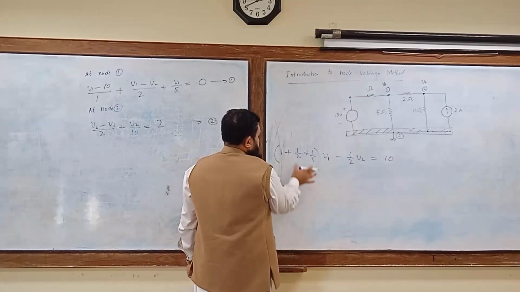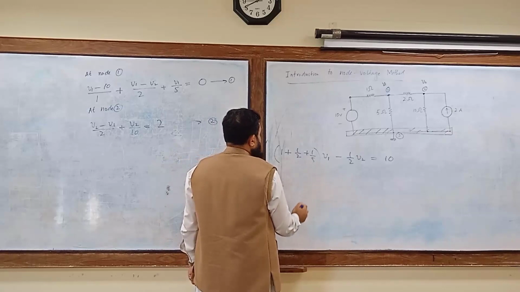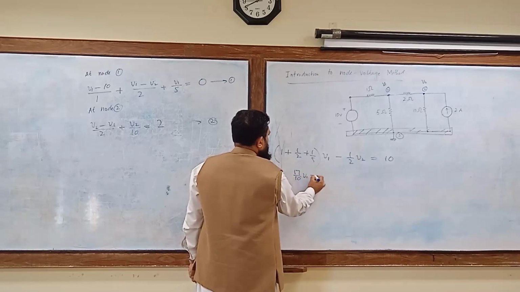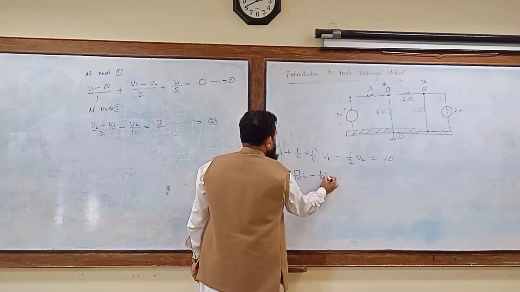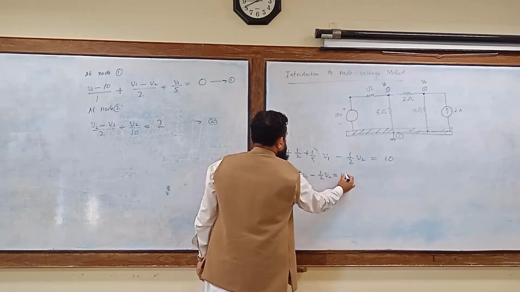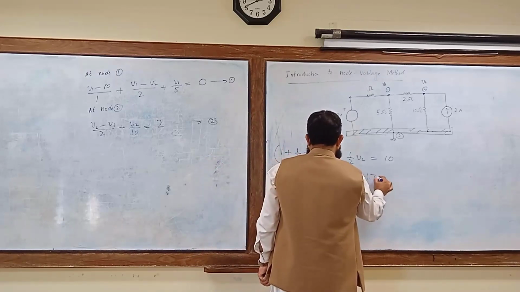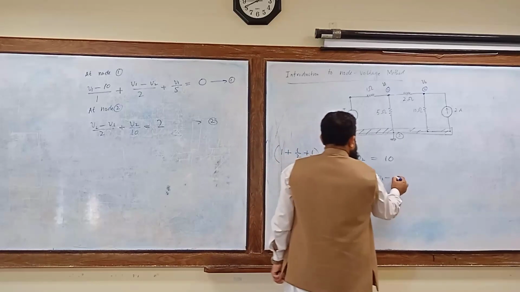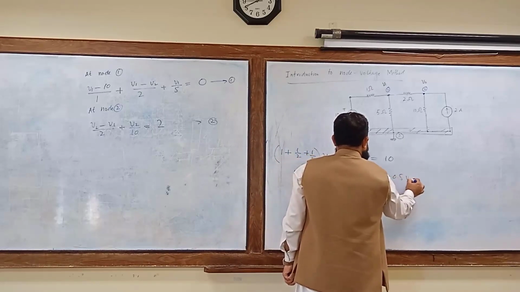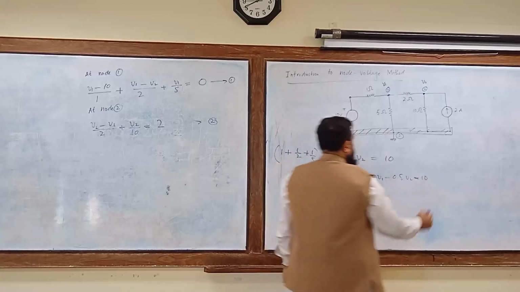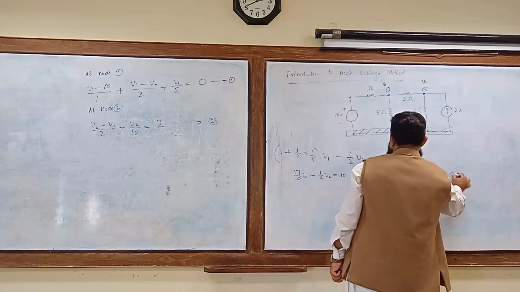Or taking the LCM, we have 17 out of 10 V1 minus 1 over 2 V2 is equal to 10, or 1.7 V1 minus 0.5 V2 is equal to 10. So this is now equation number 3.